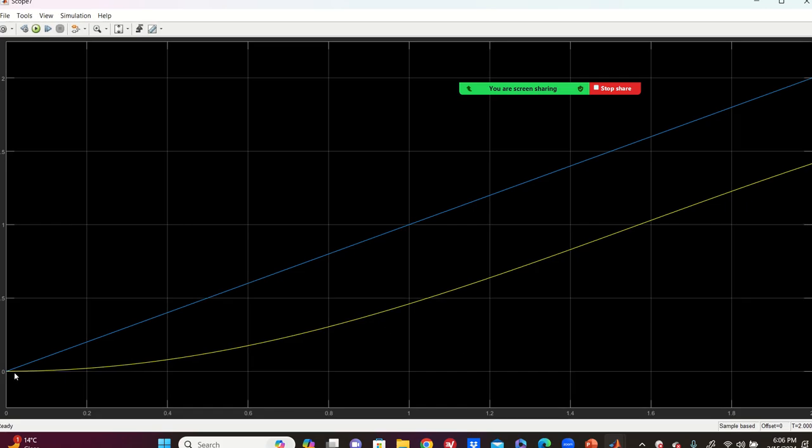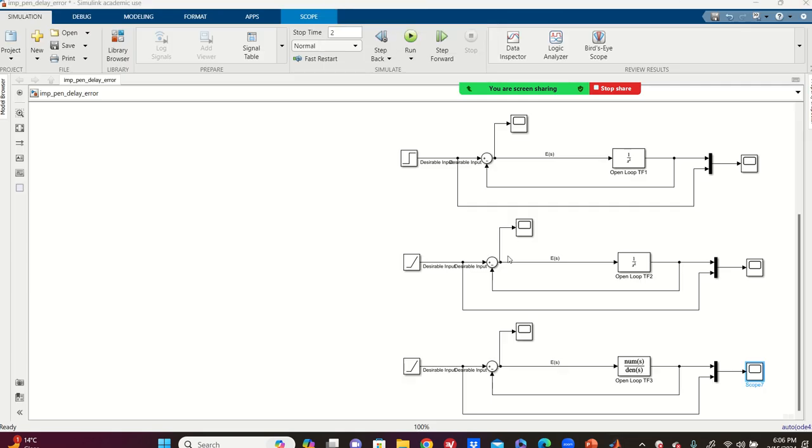So this is parabolic. Okay, the yellow one. This is funny. Okay, this is parabolic.